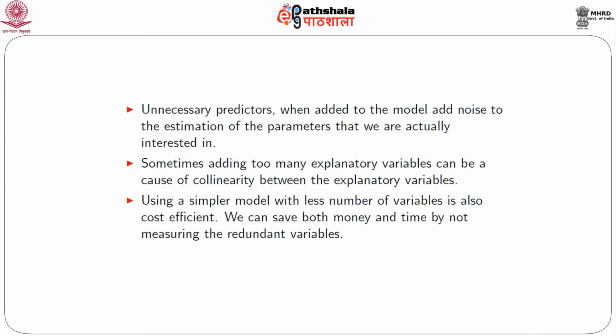Now, sometimes adding too many explanatory variables can be a cause of collinearity between the explanatory variables. This is one of the other consequences of adding more variables in a data set. Suppose we have two variables as predictors which are very closely related to each other. Suppose our dependent variable is expenditure and our independent variables are the amount of money spent on luxury goods and the income of the person.